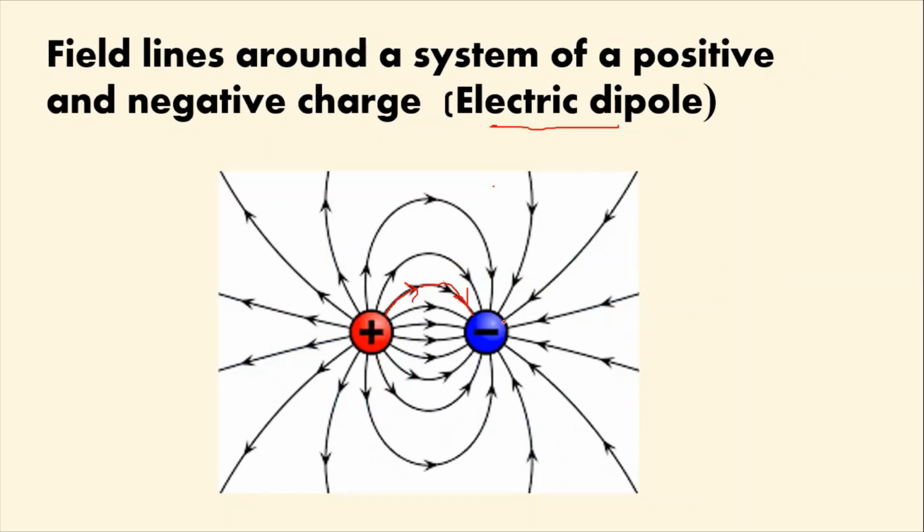Okay, all the field lines start from the positive charge and end in the negative charge. So this is another important property. Electric field lines start from a positive charge and end in a negative charge.